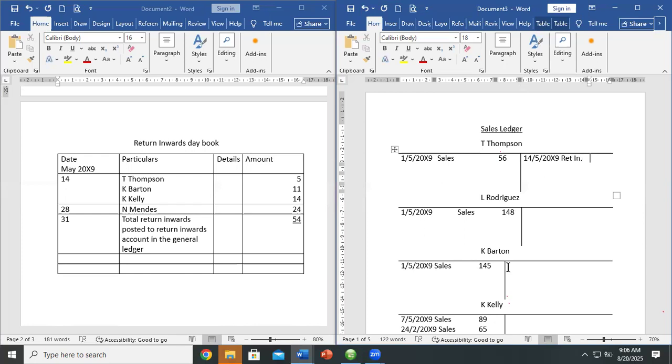The next person is K. Barton. So you locate K. Barton and credit. And that will be return inwards, an amount of 11. The next person is K. Kelly.